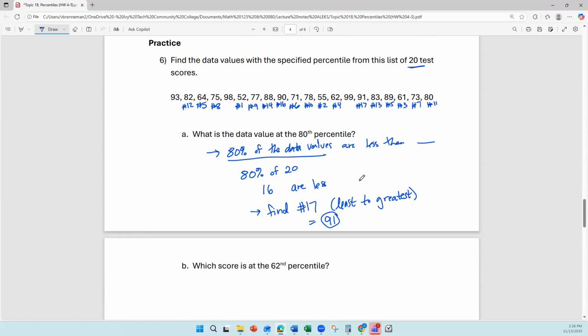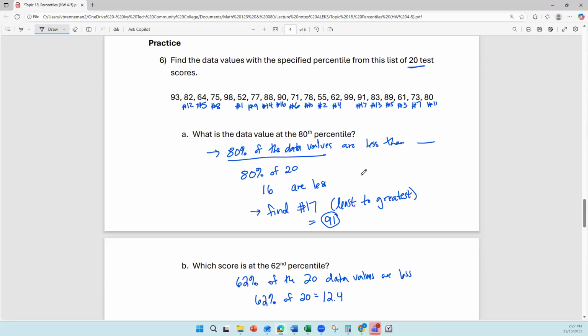So to do better than 80% of the rest of the class, in this case, the student would have had to have scored a 91. Which score is at the 62nd percentile? So I need 62% of the 20 data values to be less. 62% of 20 is 12.4.